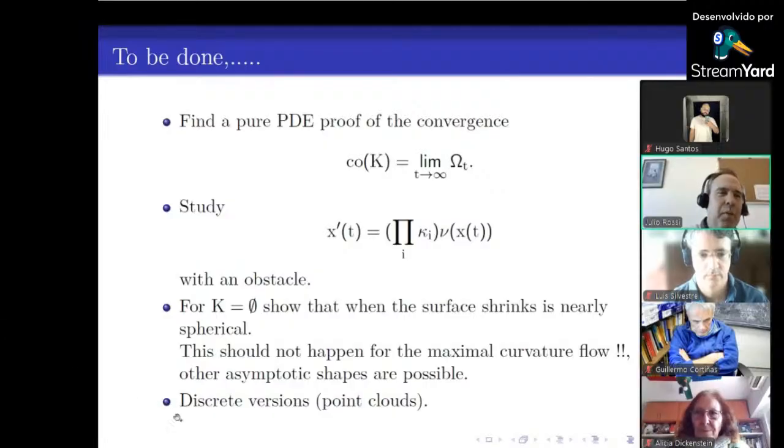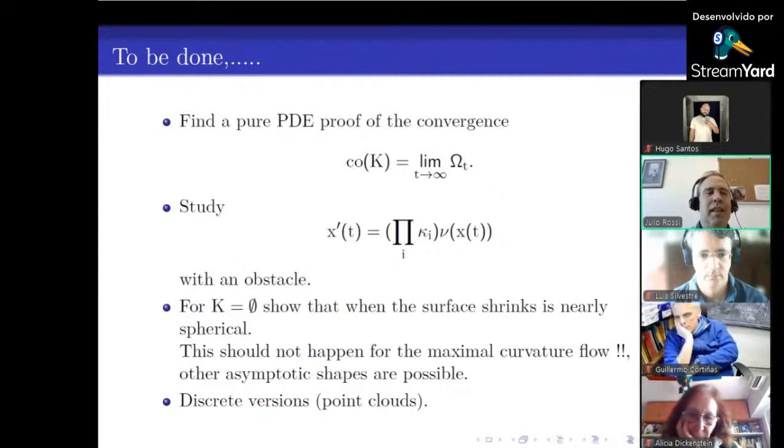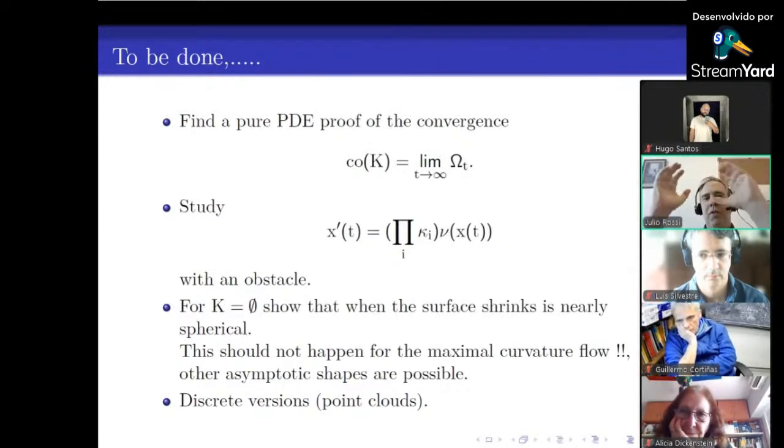And the fourth point is something that I would very much like to get into, which is discrete versions of this. So you are moving a surface and you want to obtain something continuous, but assume that you have a lot of points that are distributed according to some distribution.